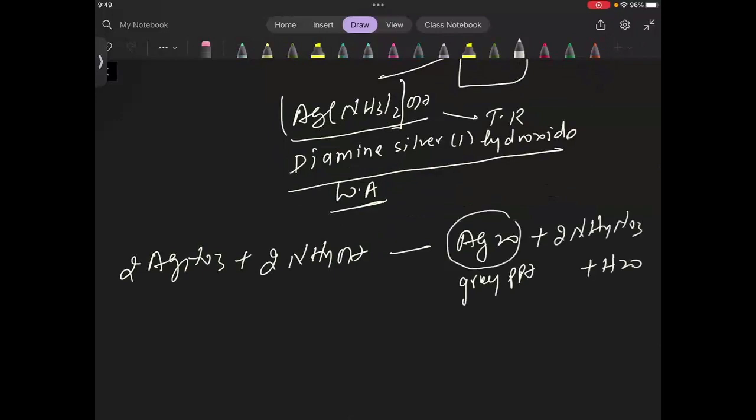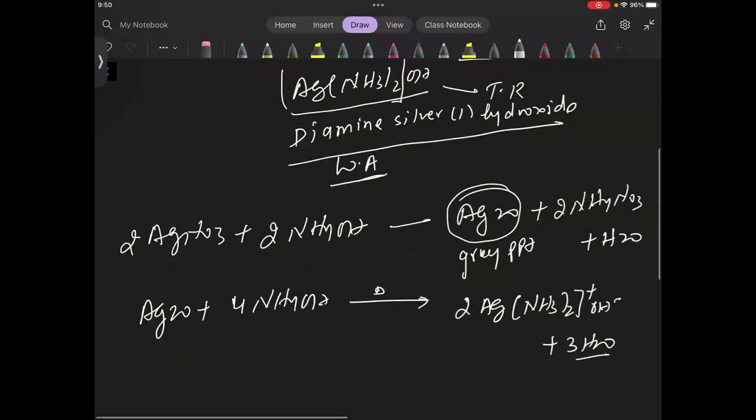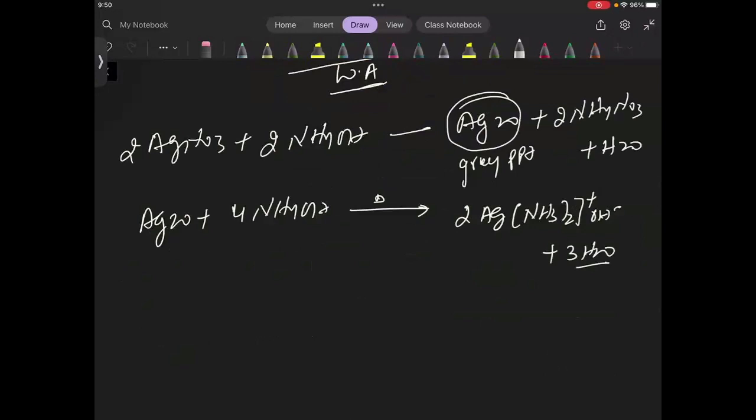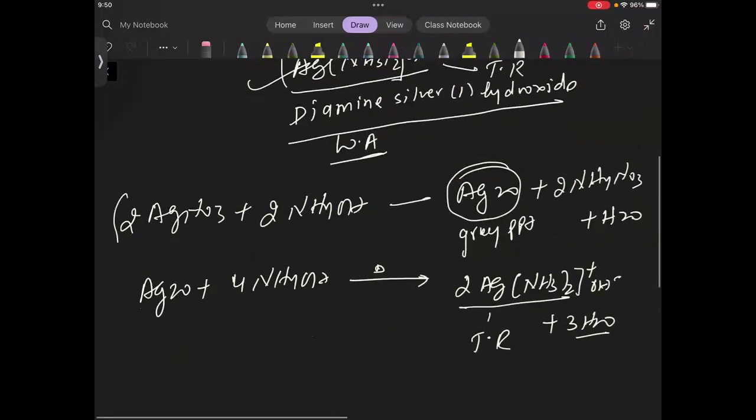Now, the gray silver oxide dissolves in 4 moles of ammonium hydroxide with a little bit of heat, and you will get 2 moles of [Ag(NH3)2]+ OH- plus 3 moles of water, right? This is called Tollen's reagent, which I have written here. So in equation manner, you can get Tollen's reagent.